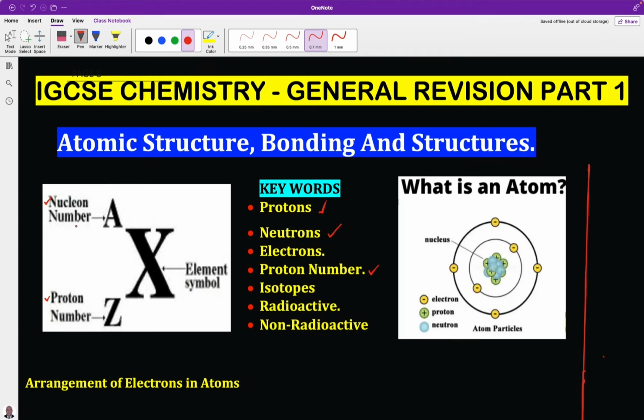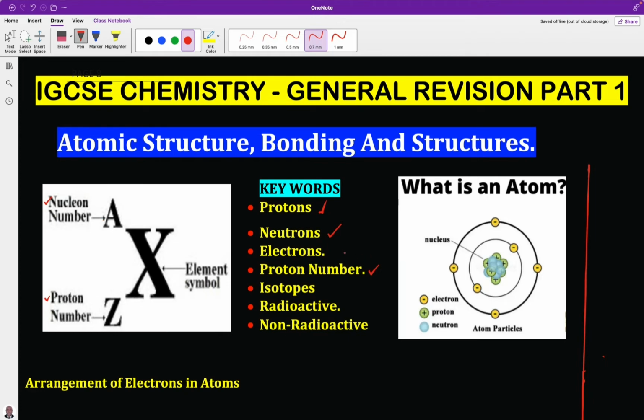The nuclear number is the same as the mass number. We can say that the nuclear number, or the mass number, is the number of protons plus the number of neutrons in the atom.